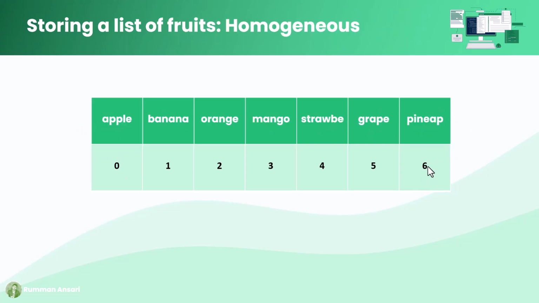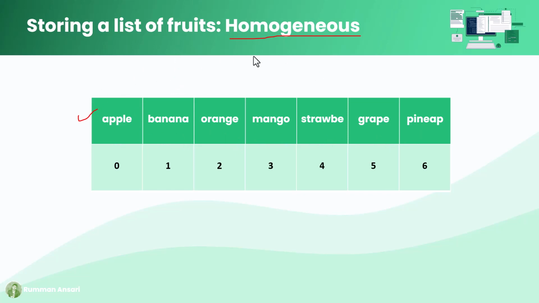In a similar fashion, if you want to store a list of fruits, then it will be homogeneous, because all the elements we are storing here are strings, and all are fruits.